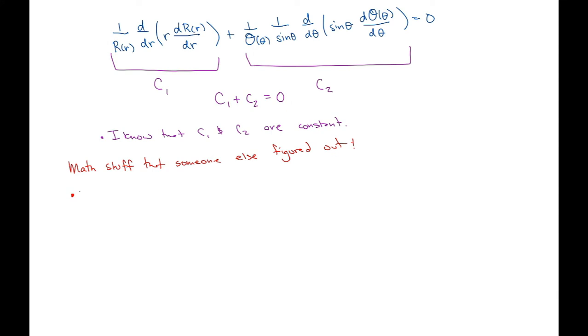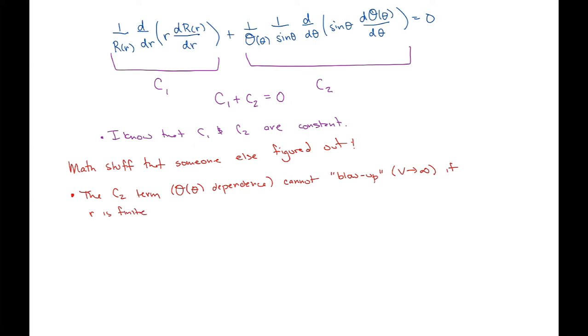I know that the C2 term, which is the one that has the theta dependence, cannot blow up, which means it can't get really, really big. V going to infinity if R is finite.